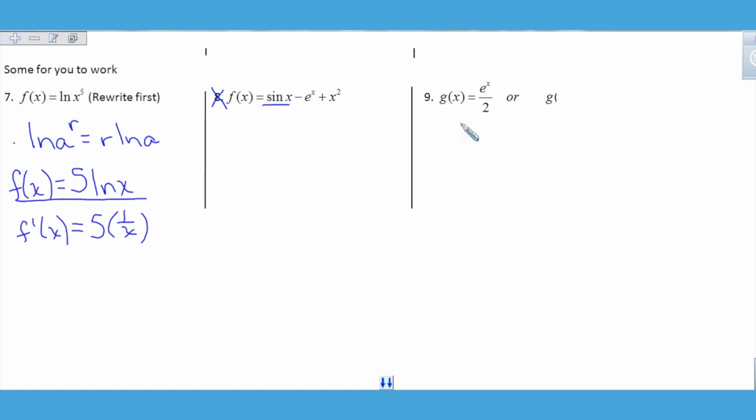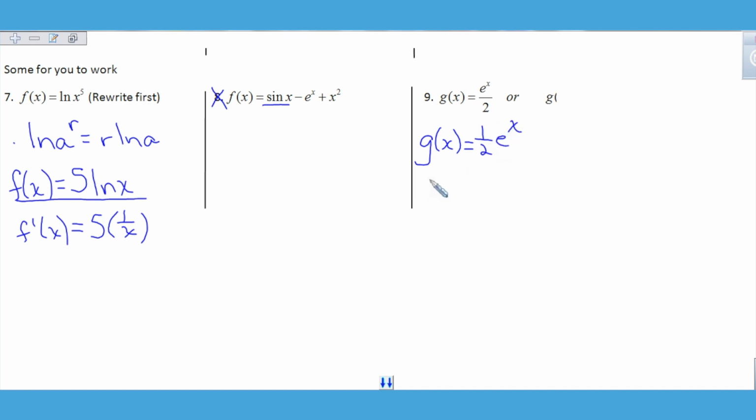And number 9 is kind of tricky because really, I'm not going to do a quotient rule, because it's not two functions of x divided by each other. Instead, I'm just going to be real smart about how I look at it. This is really the same as 1/2 times e to the x.